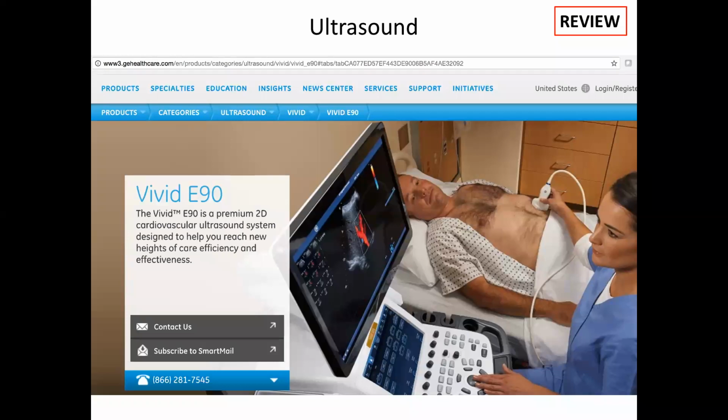So the tech is usually responsible for also making geometric measurements. So they get the right view and then they stop, take a picture, or they'll sometimes take a video and then go frame by frame to the right phase of the video and make a measurement. So let's say they'll measure the diameter of the left ventricle, or the head size of the fetus, or other length dimensions of the fetus.